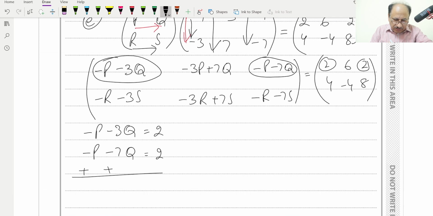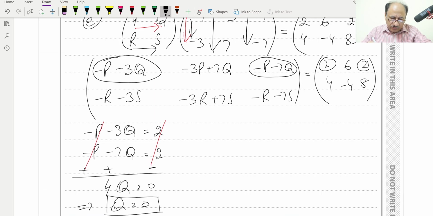Now we can subtract this. This will be changing sign, and this will be negative, and then we can subtract. This will be gone, and this will be gone, and this will be 4q. 4q is equal to 0. This implies q is equal to 0. This is one value which we got.